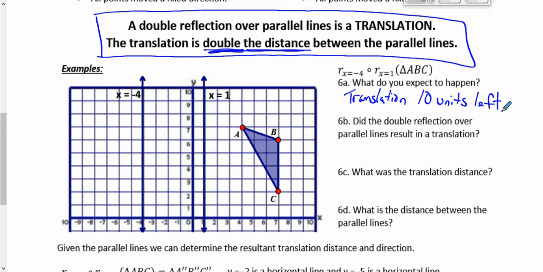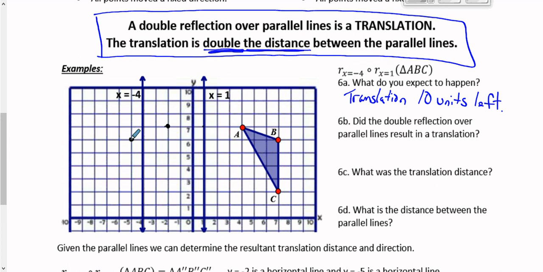Let's go ahead and do the reflection, okay? So everyone right now just start reflecting the first time in x equals 1. So we got 1, 2, 3, 1, 2, 3. All right, make sure you do the right line. And that is at 7. All right, so that's going to be 1, 2, 3, 4, 5, 6, 7. Is that right? That doesn't seem right. 1, 2, 3. Down 1, 2, 3. Yeah, that's better. Okay.